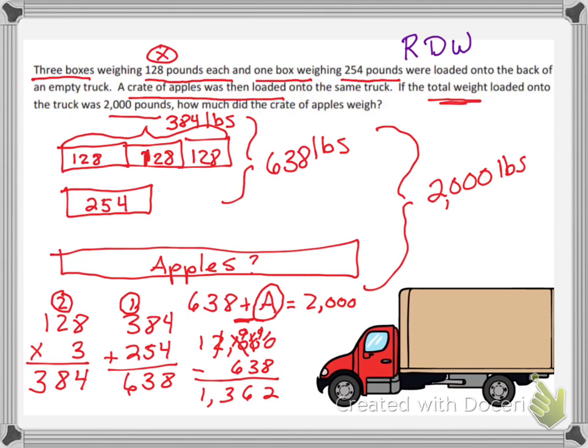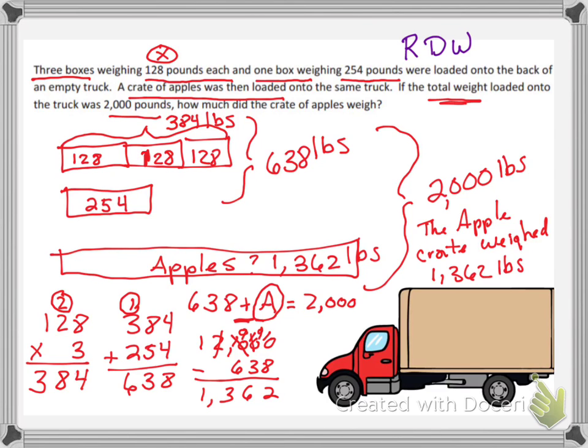So how much did the apples weigh? It weighed 1,362 pounds. So we need to write that out. The apple crate weighed 1,362 pounds.